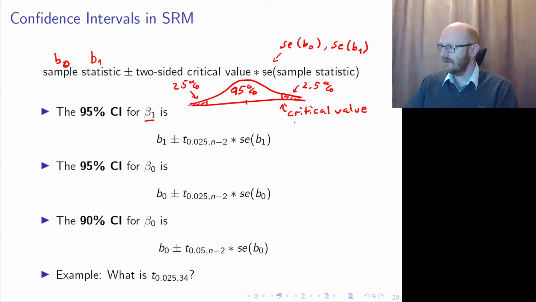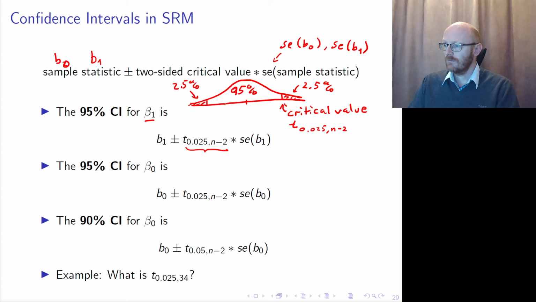So this would be the t 0.025, which is 2.5%, given the number of observations minus 2, which equals the degrees of freedom. Okay, so this is the critical value.